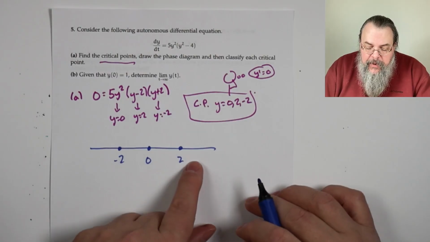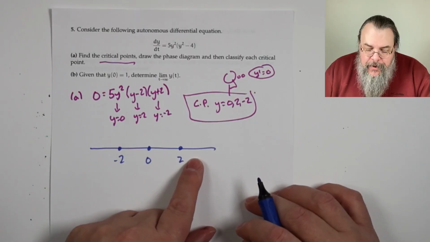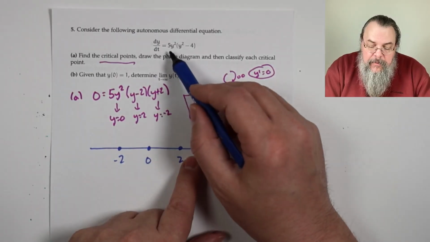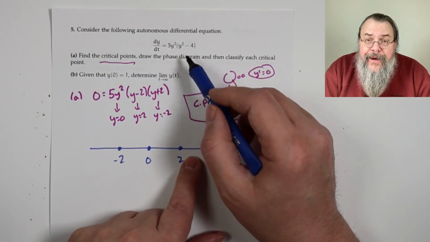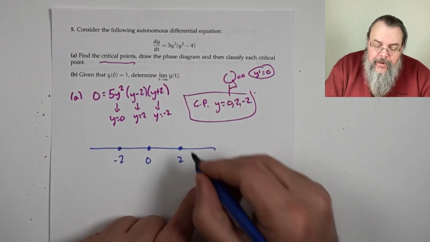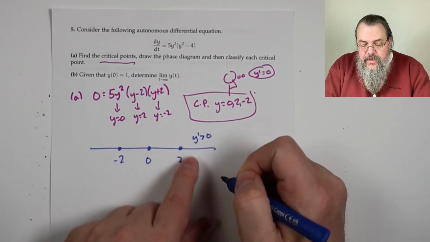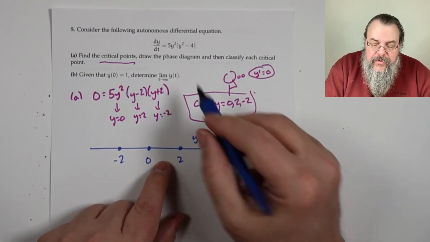So pick a big value, like a large number, like 3. You could pick 1,000,000, but just need something bigger than 2. And you say, okay, 5 times 9 times 5. Don't worry about the value. Worry about the sign. We saw the sign. It's positive. Then 1, that's between 0 and 2.